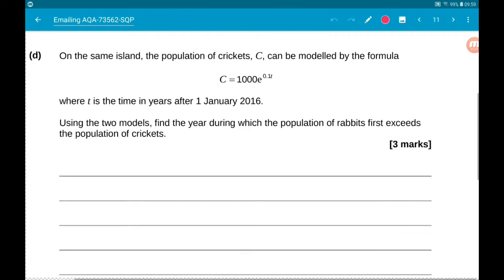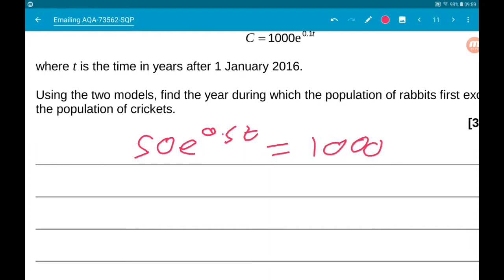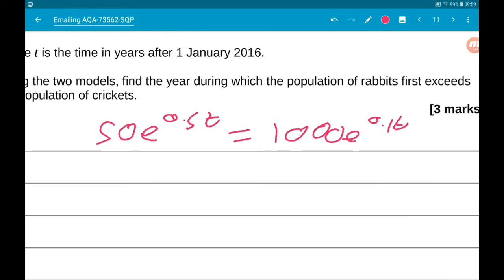So, setting them equal to each other, we get 50 e to the 0.5 t is equal to 1000 e to the 0.1 t. Let's divide through by 50.